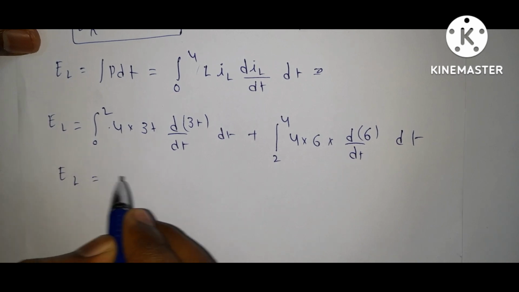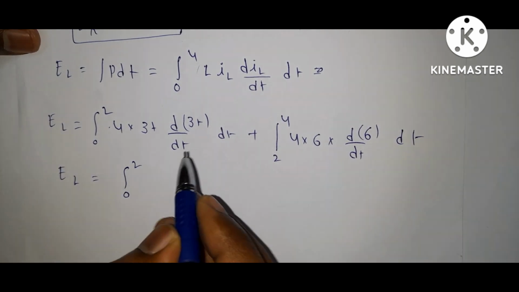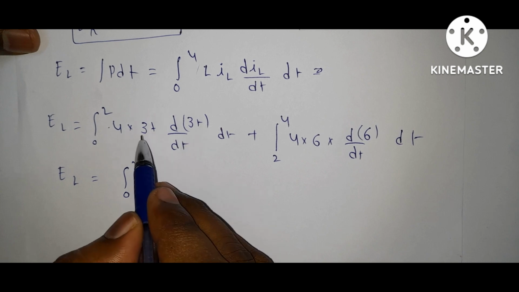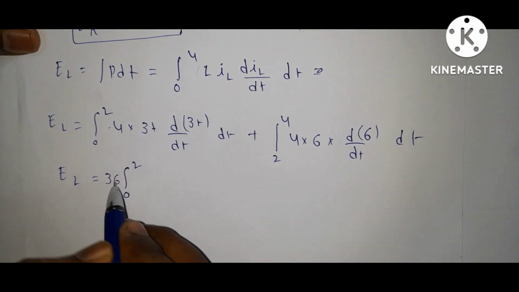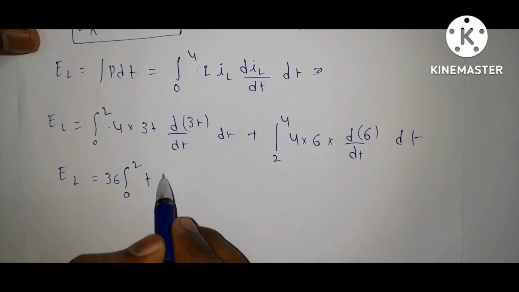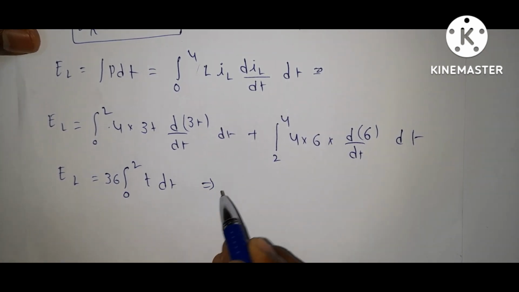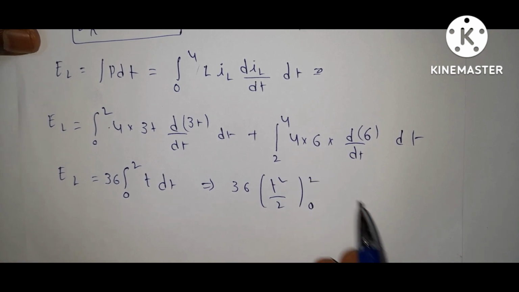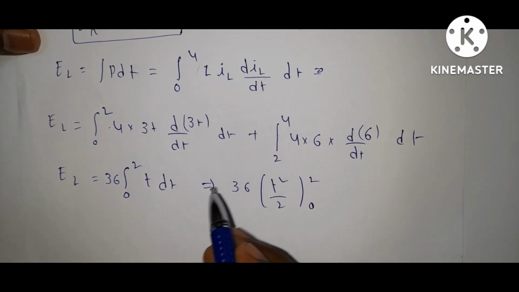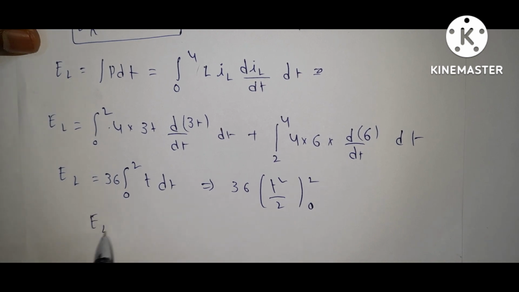What is L? Integral 0 to 2. This is 3, 3 into 3 is 9, 9 into 4 is 36. So right here, 36t dt. You will get 36 into t square by 2, from 0 to 2. So what is the energy?